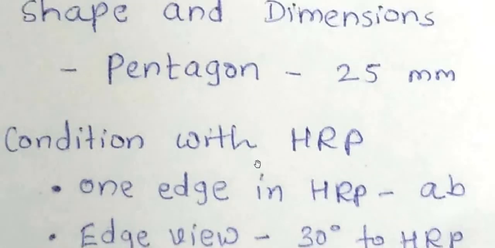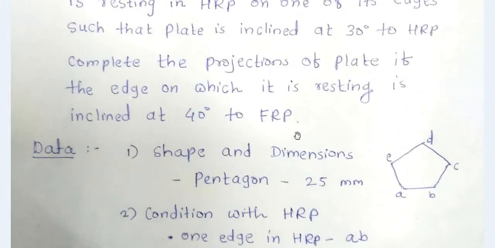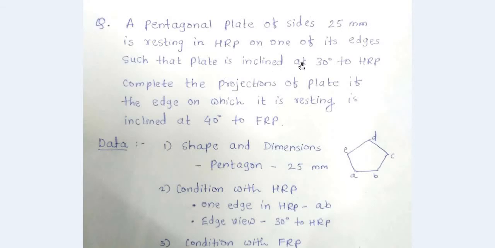If you read further, HRP on one of its edges such that plate is inclined at 30 degrees to HRP. We have seen in earlier problems that whenever there is a mention that plane is inclined, plate is inclined, that means edge view is inclined.